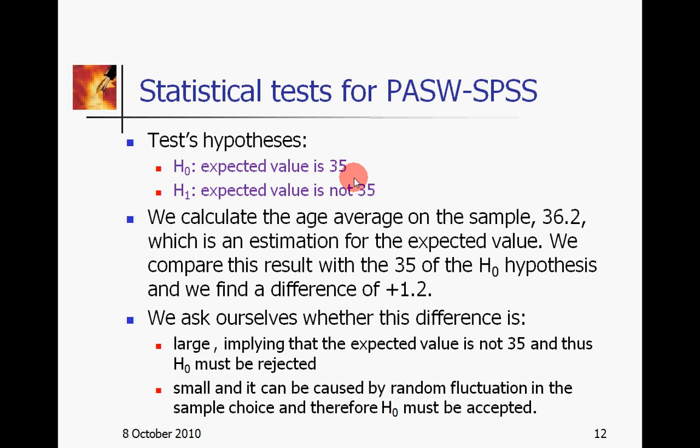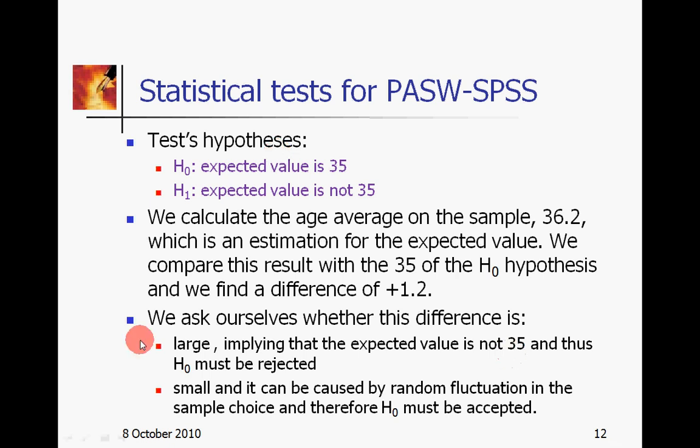This is the core question of every statistical test. The core question is whether what we get on the sample, usually, let's say, 99.99% of the times, is not what you have hypothesized. What you get on the sample is different from what you have hypothesized due to an unlucky choice or due to small variation of the samples, or is it different because the hypothesis was wrong?